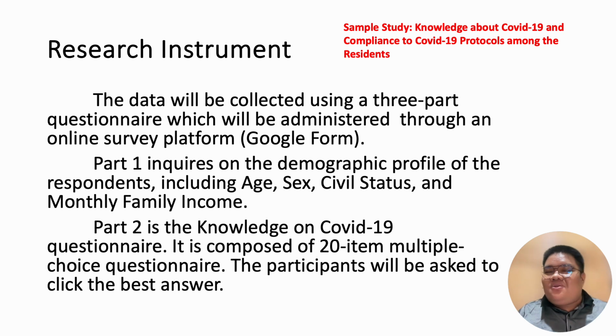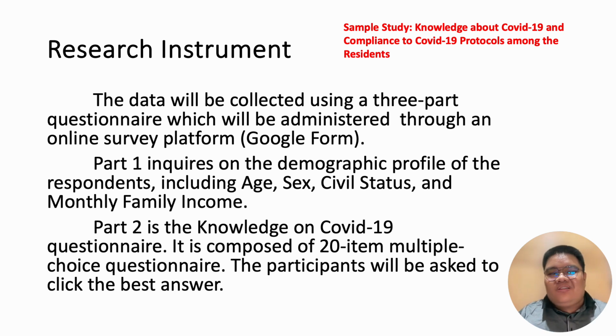Now, for your questionnaire, you also need to specify whether the questionnaire is researcher-made or whether it's adapted. Let's see about that in the succeeding examples. Part 1 of this questionnaire would inquire on the demographic profile of the respondents, including the age, sex, civil status, and monthly family income.